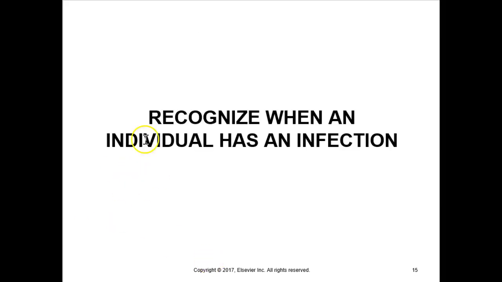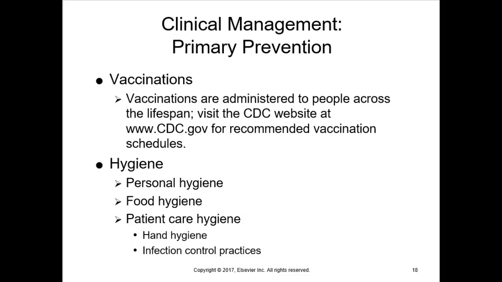Okay, so we're going to move on to the next goal, which is recognizing when a person has an infection. When I think about primary prevention, this is preventing the infection from even happening. So one of the things you're going to look at is vaccinations.